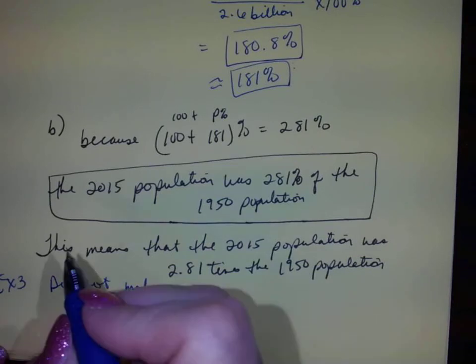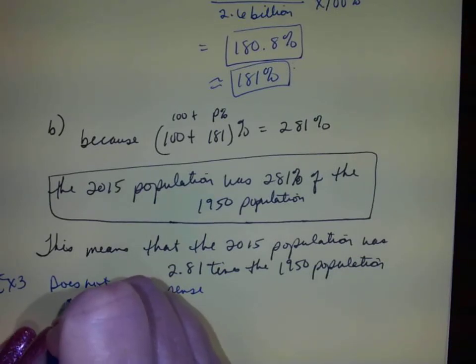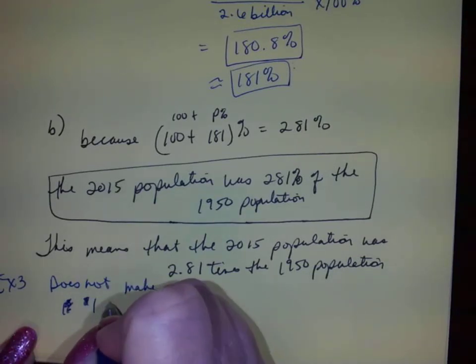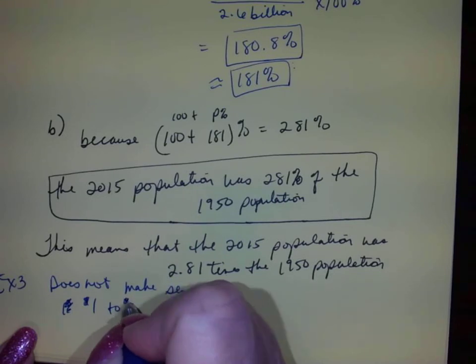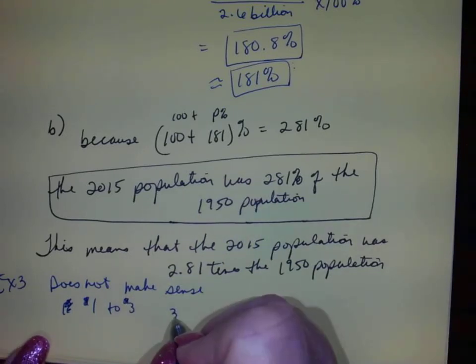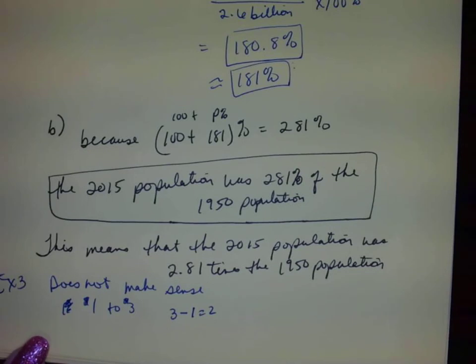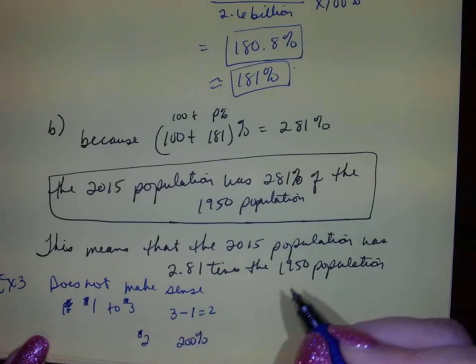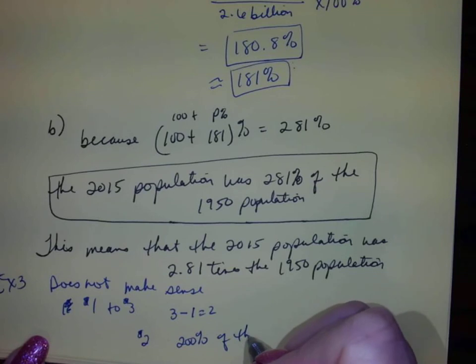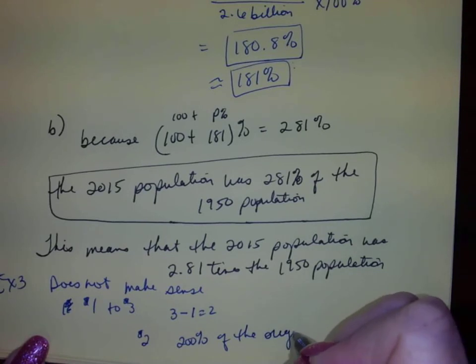If the price tripled from $1 to $3, if we take 3 minus 1, we actually get 2, right? So the amount of $2 is actually 200% of the original amount.